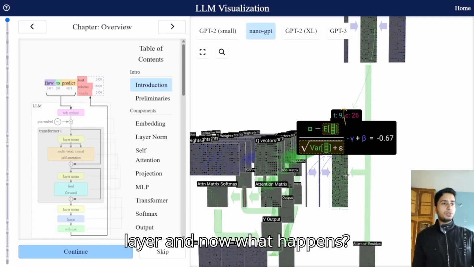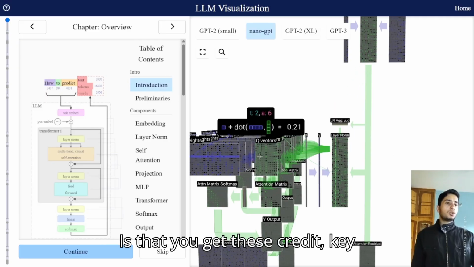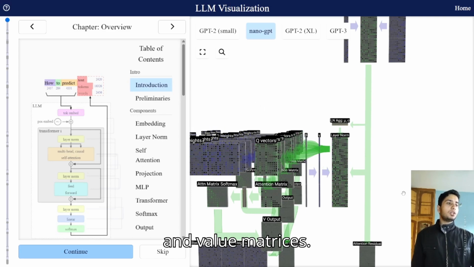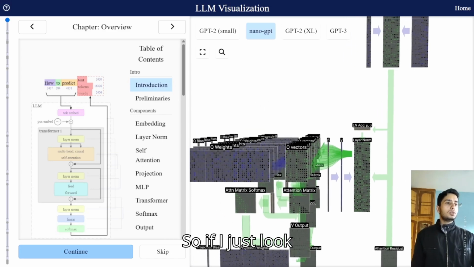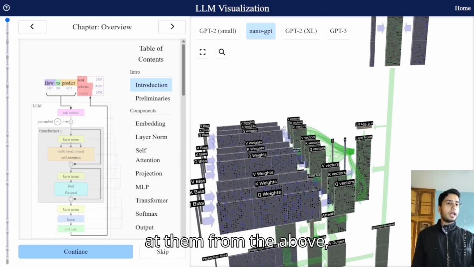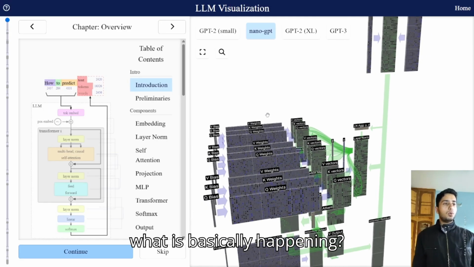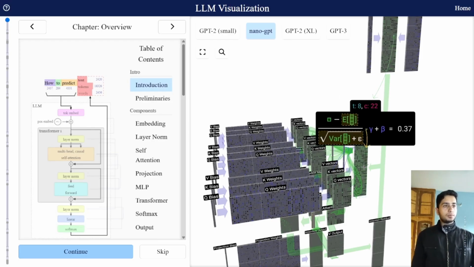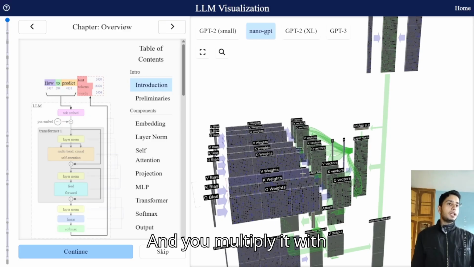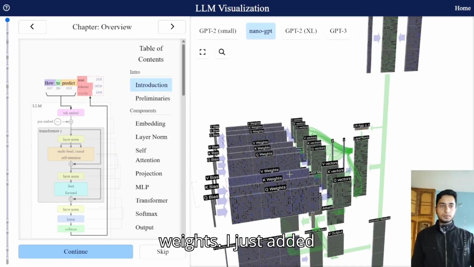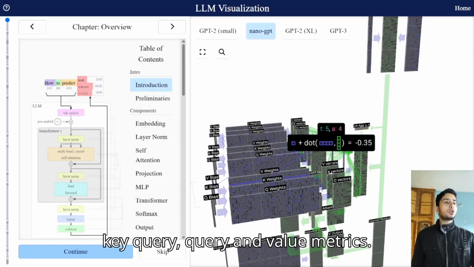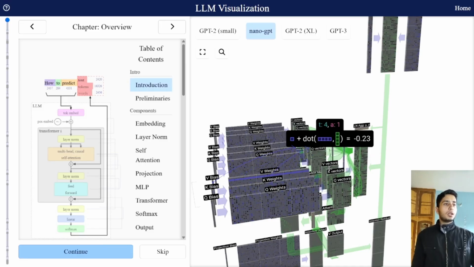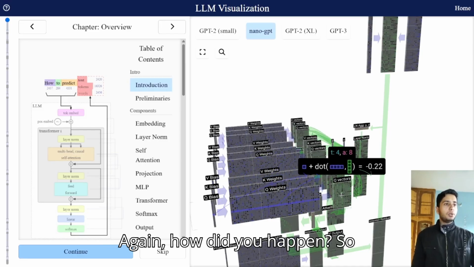And now what happens is that you get these query, key, and value matrices. If I look at them from above, what is basically happening is you get this input and you multiply it with the key, query, and value weights and add a bias to it. So you get the key, query, and value matrices. Again, how did it happen?